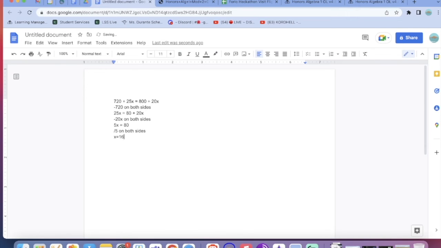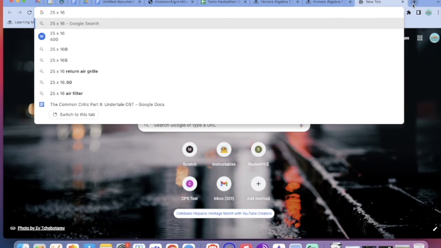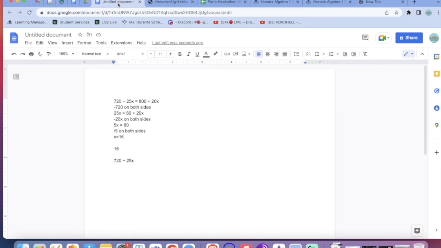So the answer to this system of equations is 16, and that's the number of hours where both moving companies would be equal. In order to prove this, let's make sure that this system of equations is true. 720 plus 25x, so 25 times 16 is 400, which gives 1,120.